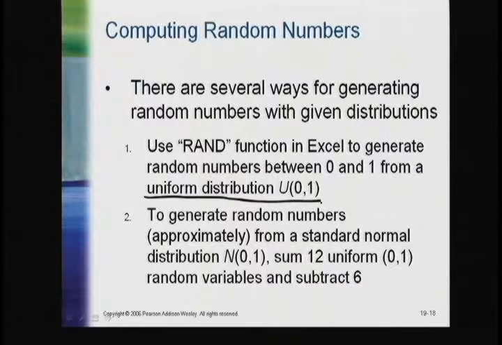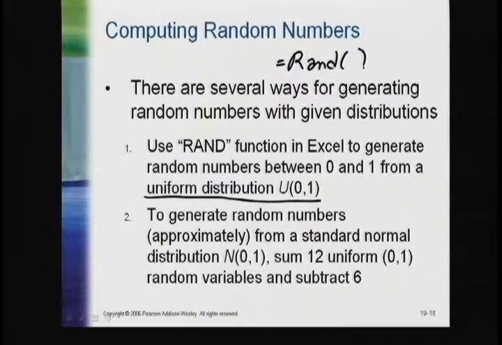Excel has a built-in function called rand, which generates random numbers between 0 and 1. So, for example, if in a cell of Excel you type equals rand, open paren, close paren, and copy it down through 100 cells, you will observe 100 random values of a uniformly distributed random variable between 0 and 1.